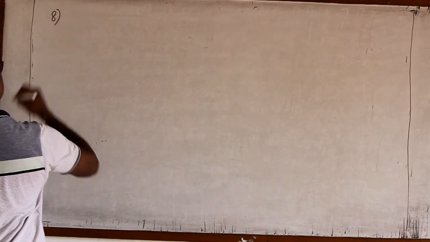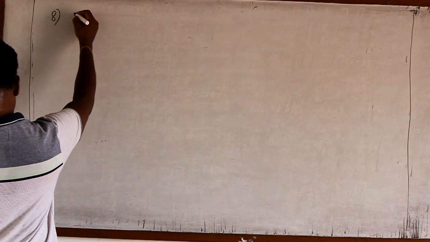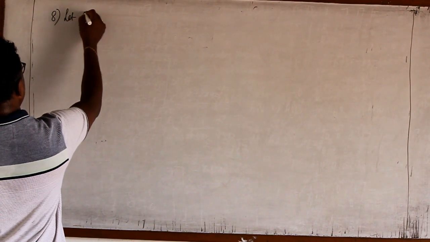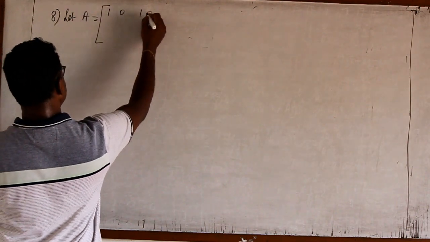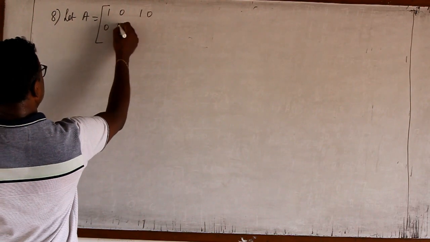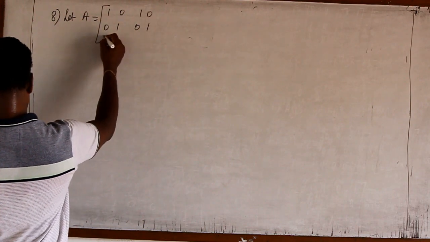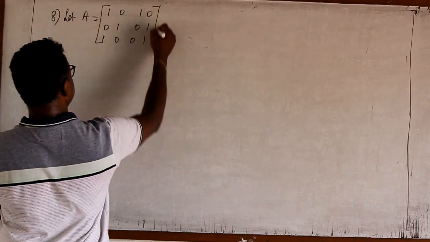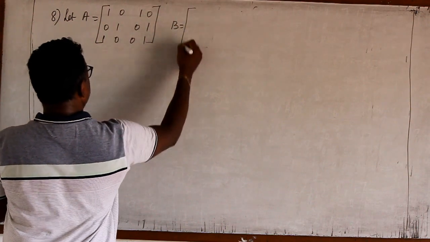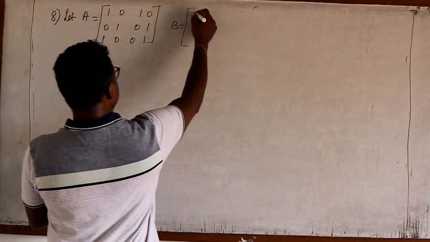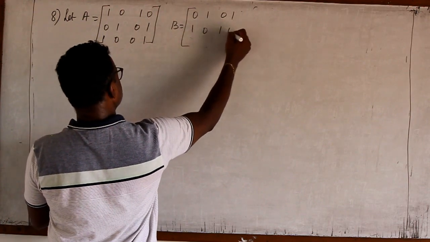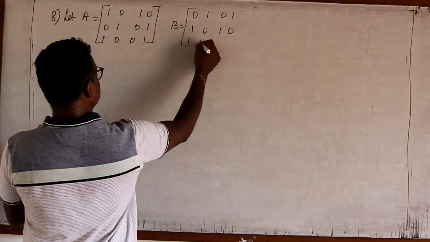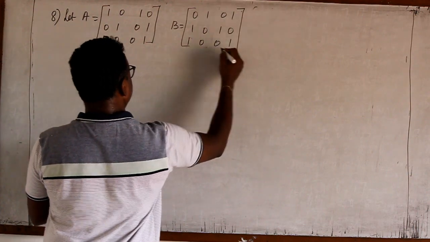Now we shall go to the 8th problem. Let A equal to 1 0 1 0 0 1 0 1 1 0 0 1. This is the A matrix. B matrix is 0 1 0 1 1 0 1 0 1 0 0 1.